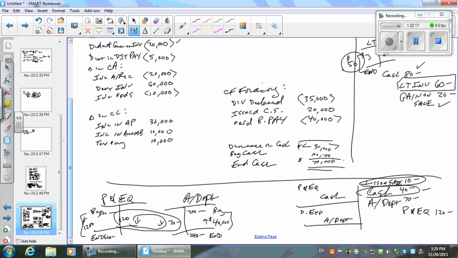Depreciation. Yeah, depreciation. Well, let's do that one. If I started at 200 and I took 70 out, it's now 130. Somehow it got up to 240. What's your depreciation expense? 110. Okay? So I must have credited accumulated depreciation for 110 and debited depreciation expense for 110. There's no cash there, but remember what happened.